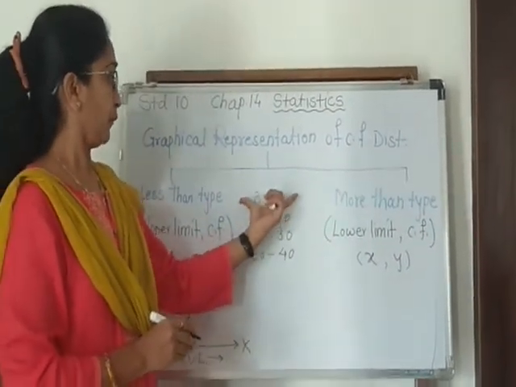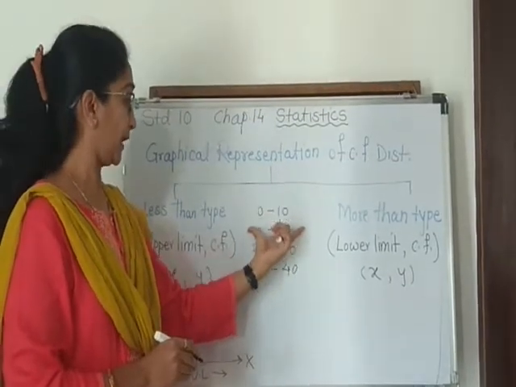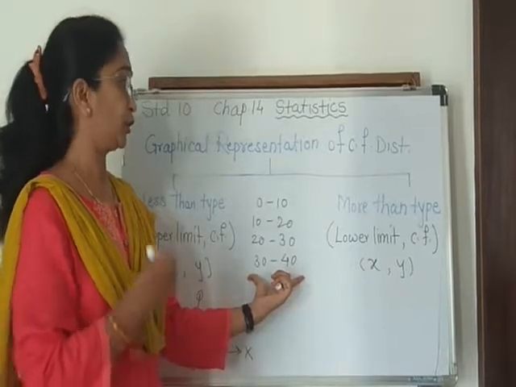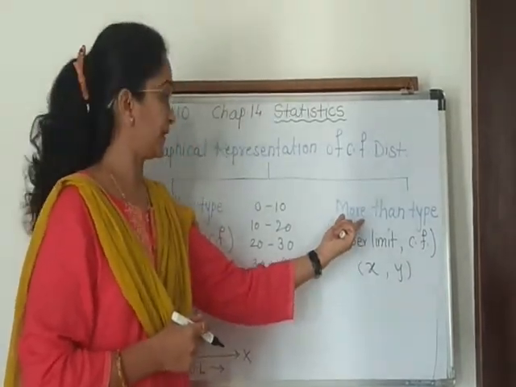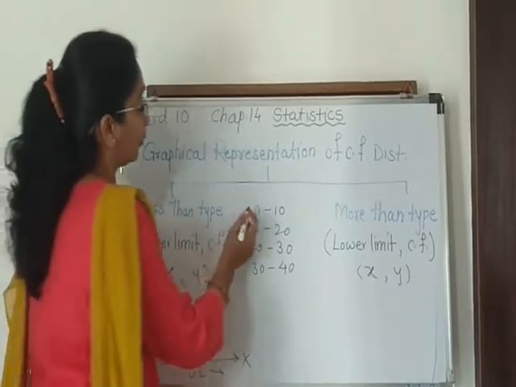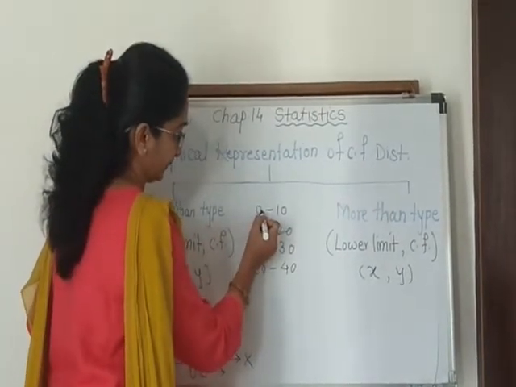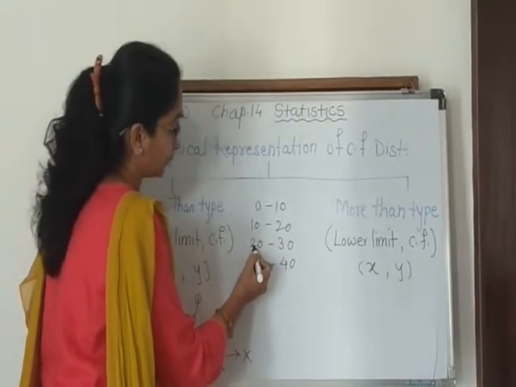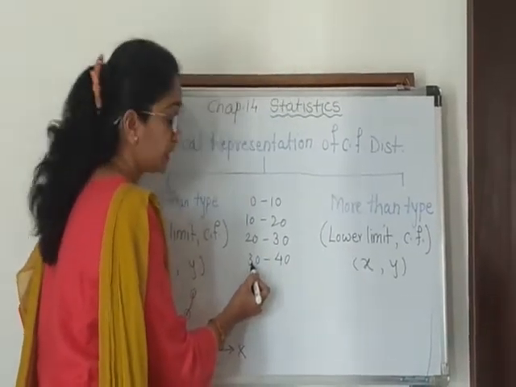Again, when we are going to convert this regular frequency distribution to the more than type cumulative frequency distribution, we are writing the class intervals as more than or equal to 0, more than or equal to 10, more than or equal to 20, more than or equal to 30.